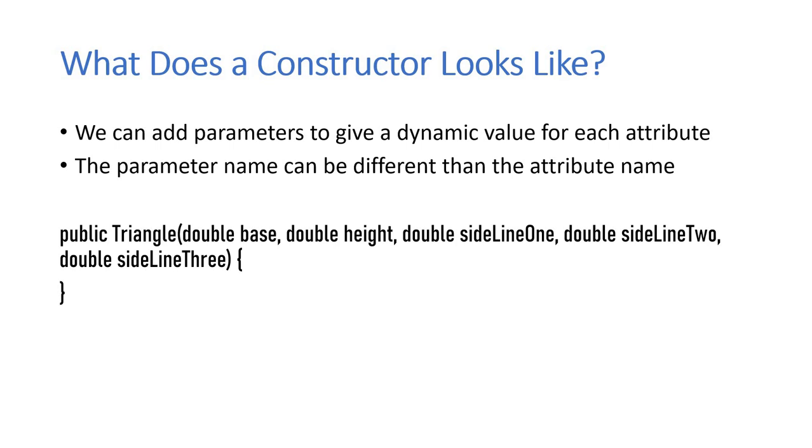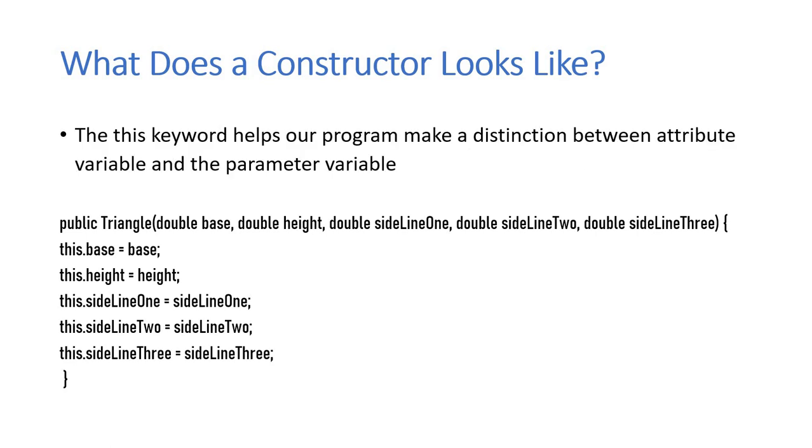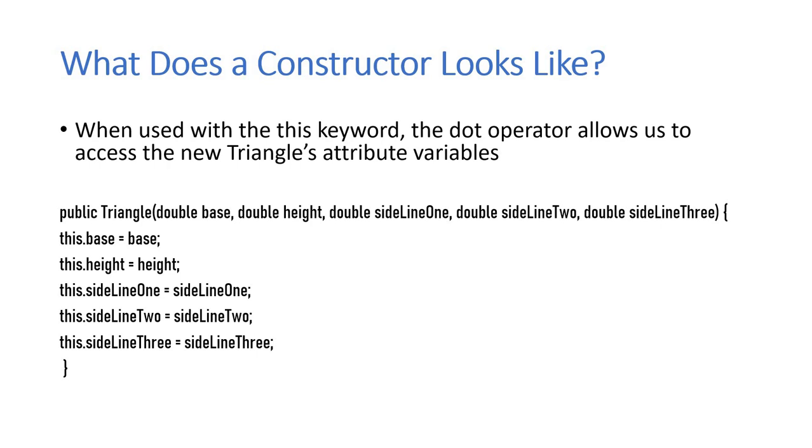To access the attribute variable for the object we are trying to construct, we use the this keyword and the dot operator. The this keyword helps our program make a distinction between the attribute variable and the parameter variable. We use the word this because we are talking about an attribute of the triangle we are constructing rather than the parameter variable. When we use the dot operator on the keyword this, we can access the to-be-created instance's attribute variables.